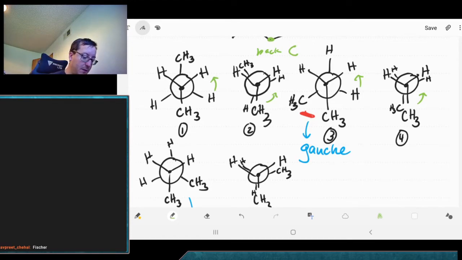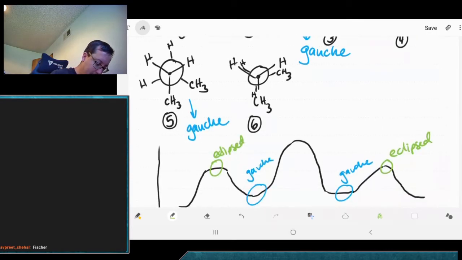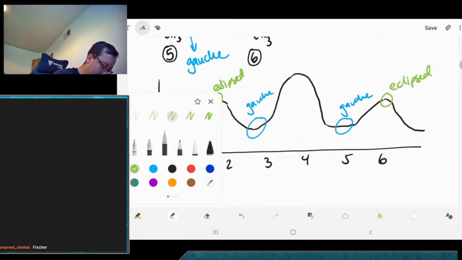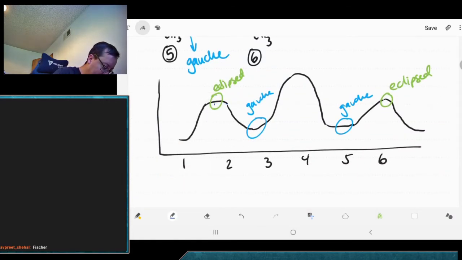So if we were to try and predict the energy of number 2, we would say, well, we know an HH is 4, and a methyl H is 6. So 6 plus 4 plus 6 is 16. So we'll say that that difference there is 16 kilojoules. Again, I don't need you to memorize these numbers.